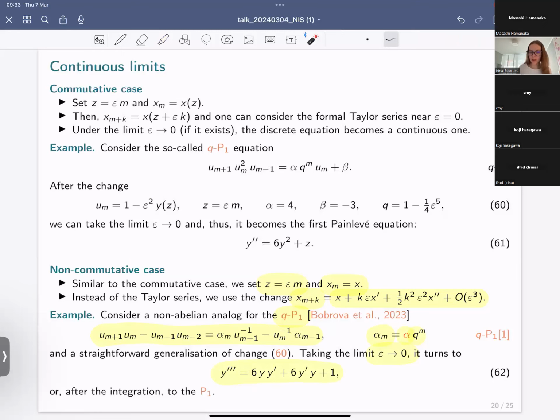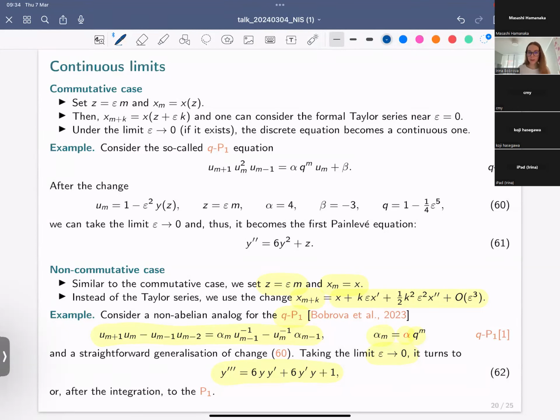It means that after the limit we integrate our equation, and after the integration we obtain the first Painlevé equation that we discussed previous time. So the key point is to find a proper change for the continuous limit.